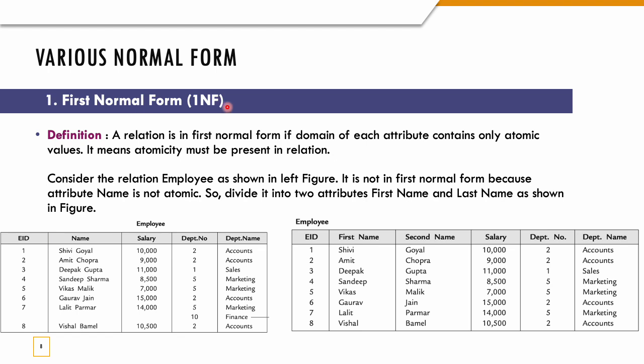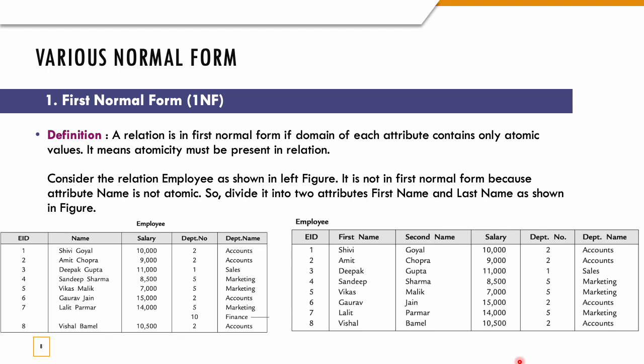First normal form, or 1NF, in database normalization. So a first normal form is a relation or table in which each attribute or column contains only atomic or indivisible values. Atomicity is required for a relation to be in first normal form.